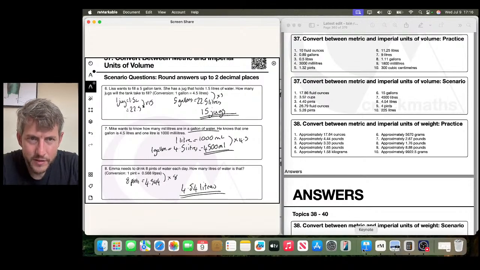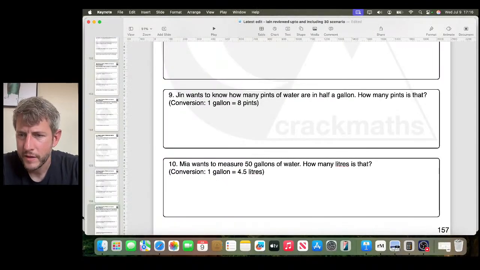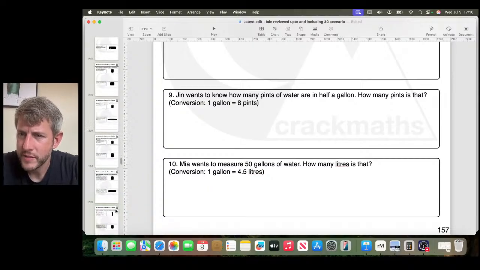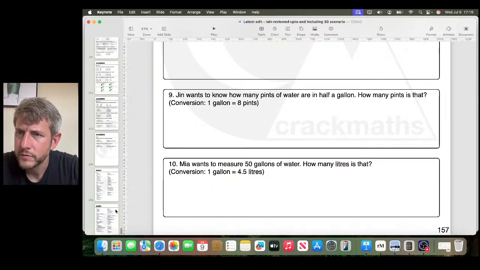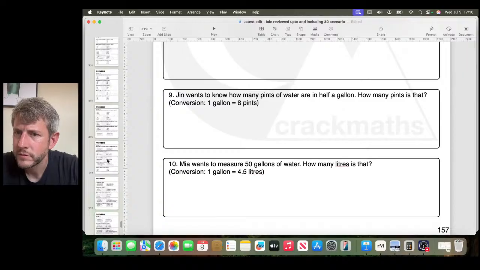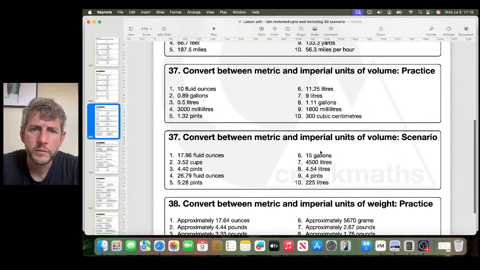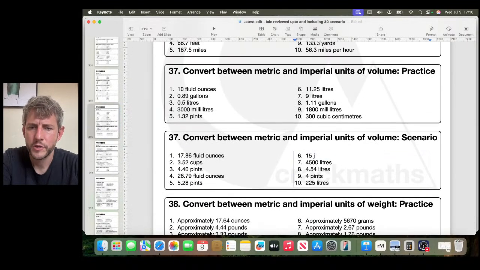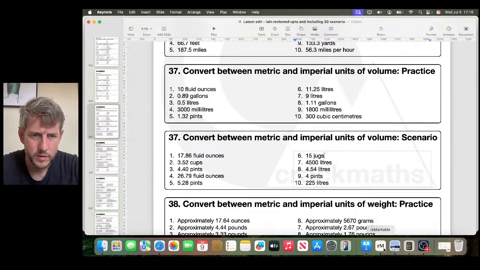So let's change that. This is slide 360. Sorry about this. Slide 360. 15 jugs.